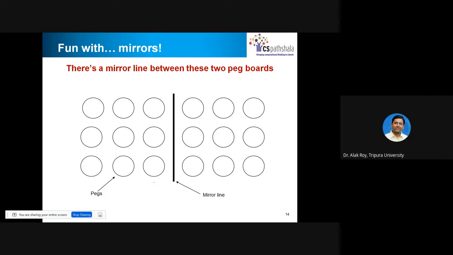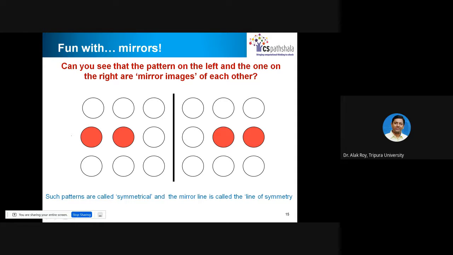So now let's try some patterns in visual form. Let's consider there is a mirror between these two pegboards. The mirror is this black color line. If you consider two red color balls, known as pegs here, can you see that the pattern on the left hand and the one on the right are mirror images of each other?